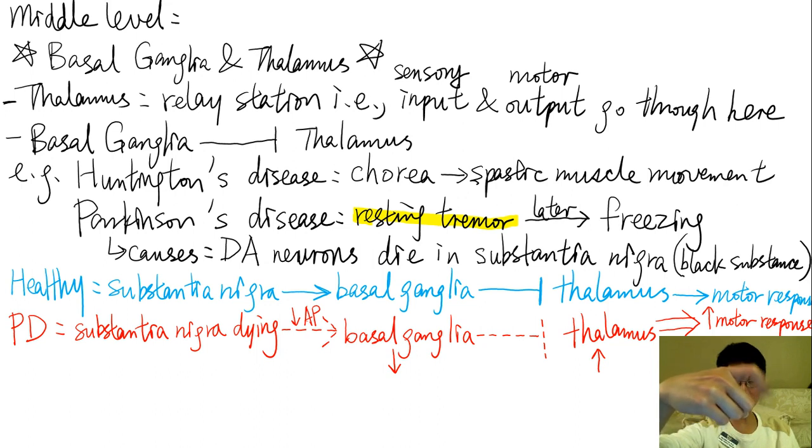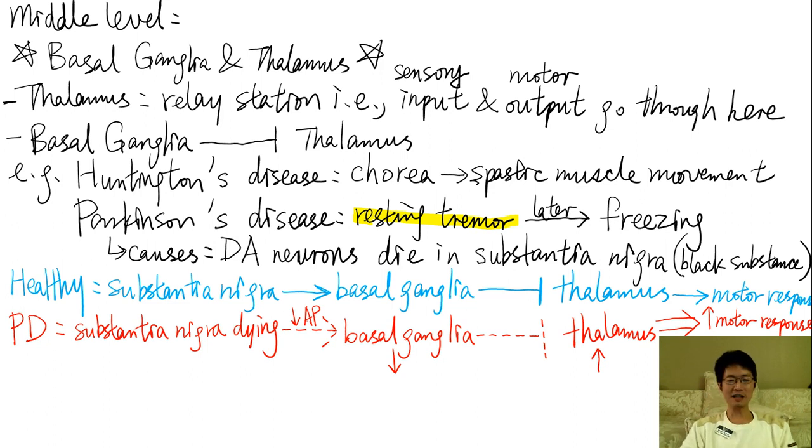His leg or his arm will shake while the keynote speaker is speaking. When the keynote speaker finishes the speech, the tremor or shaking of the arm or leg or both will stop. So this is a resting tremor.